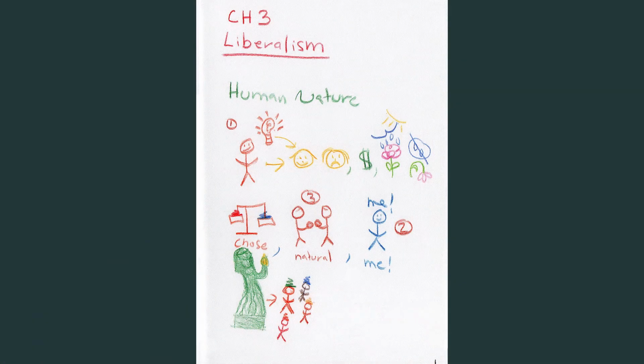So the first drawing of chapter 3, since we're learning about liberalism, is entitled Liberalism, and we are going to go through human nature. There are 3 parts of human nature. The first part, as you see, is a person with a light bulb going off.